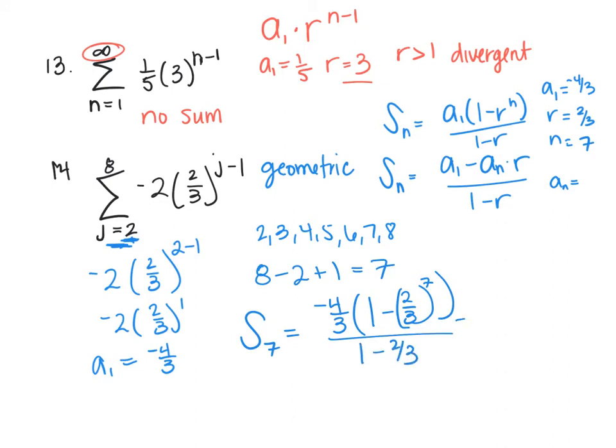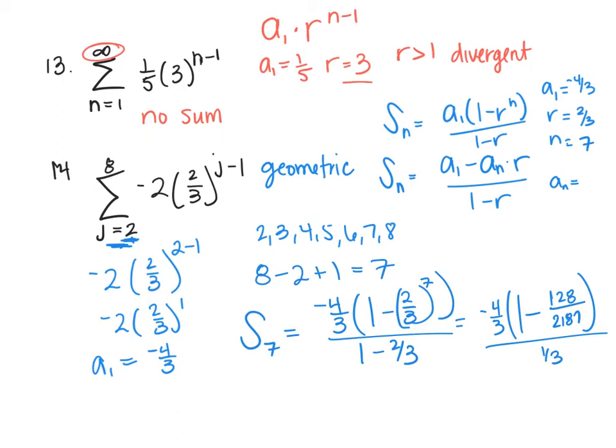And then we're going to do this in our calculator. We get negative 4/3 times 1 minus, that's 128 over, I'm going to need a calculator for 3 to the 7th, 2187, over 1/3. 1 minus 2/3 is 1/3.